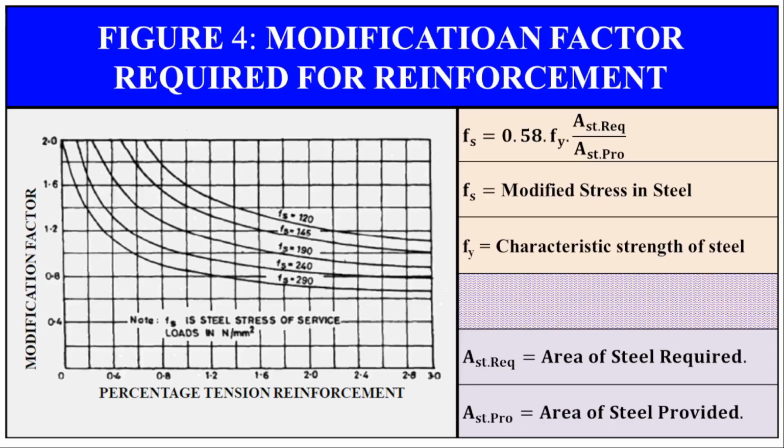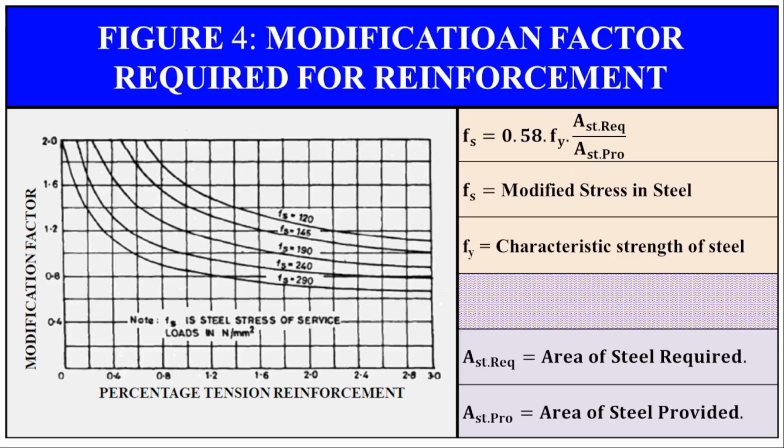Although the formula for Fs involves the ratio of the area of steel required to the area of steel provided, in practical calculations, especially if you've been following this video series, you've likely already calculated and are working with the percentage of both the required and provided steel.